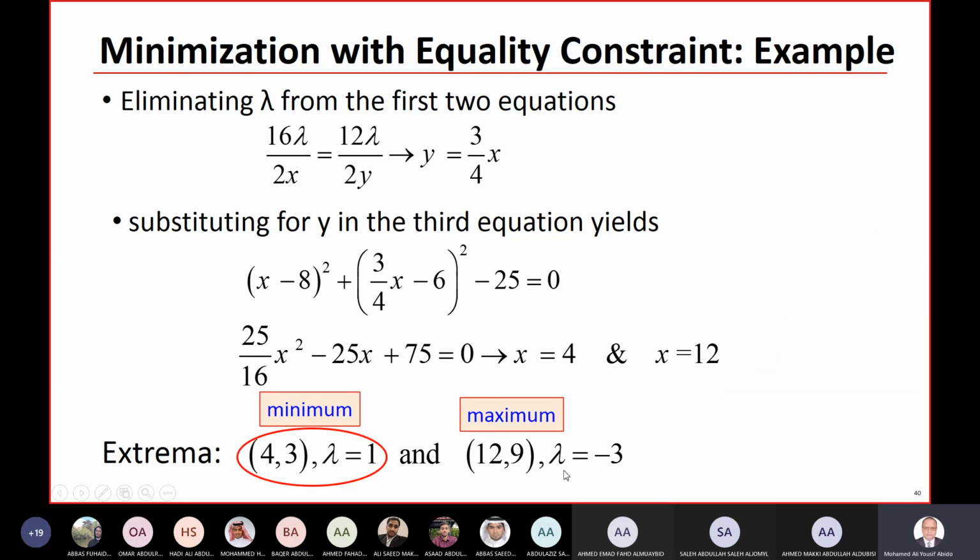Okay, so lambda equals minus 3. So this is the minimal, or let us say these are the extrema points.